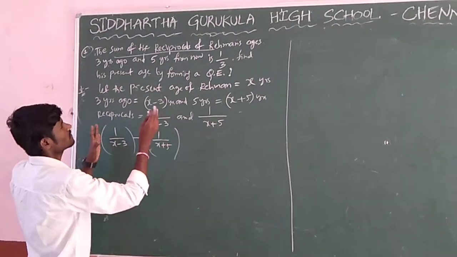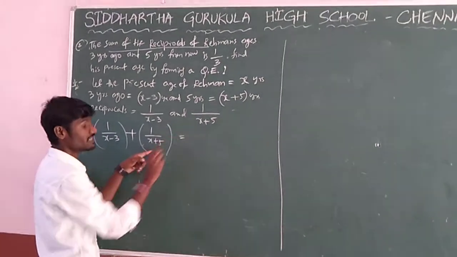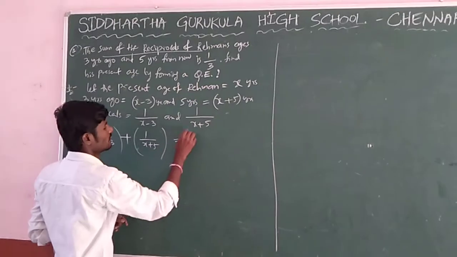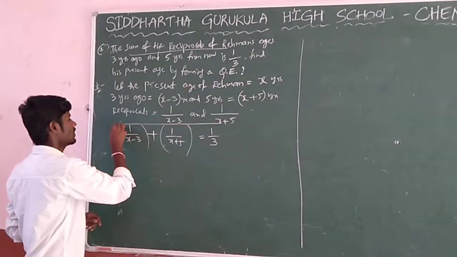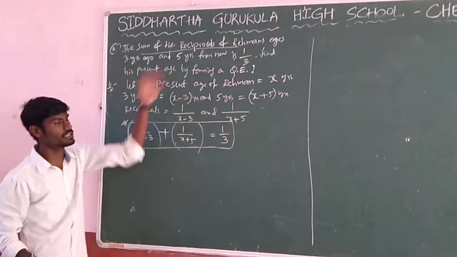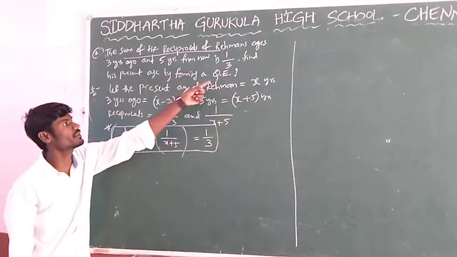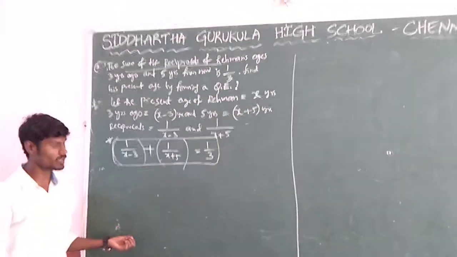The sum of the reciprocals of 3 years ago and 5 years from now is equal to 1 by 3. That's it. This is the heart of the given problem by the given data. Here we are going to reduce it to get a quadratic equation, so I'll give the quadratic equation part next.